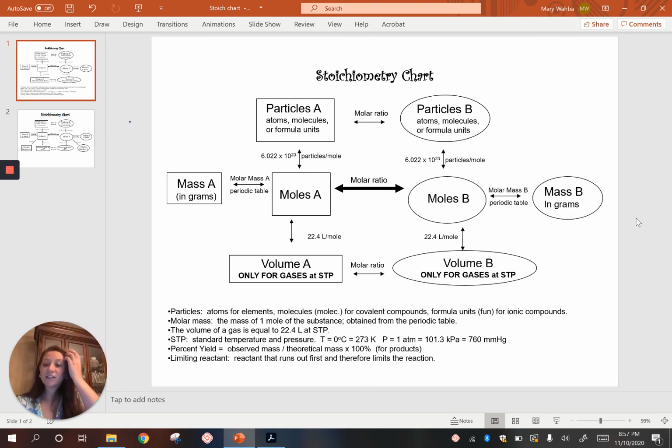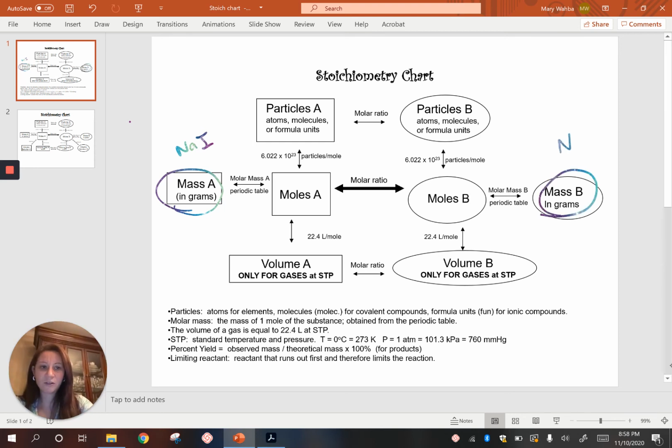So this question is a three-step problem. It's a mass to mass. We are given mass of one substance. We are given the mass of the NaI, and we are looking for mass of the other substance, which is the mass of the NaCl. And so we have to go through moles.